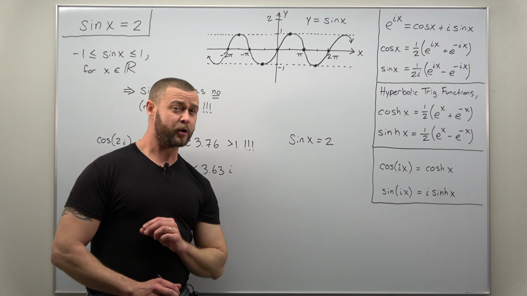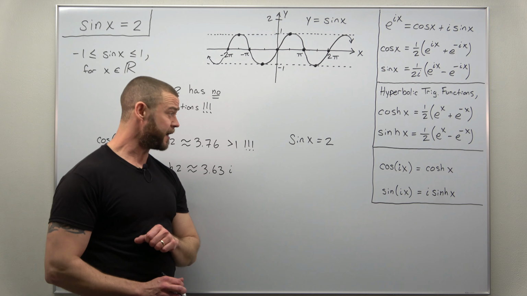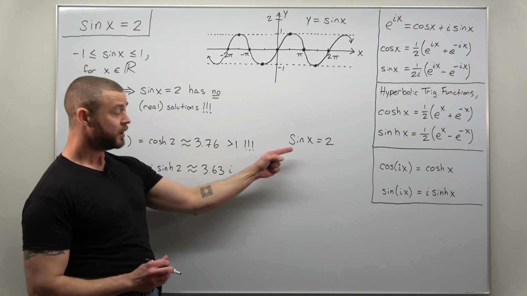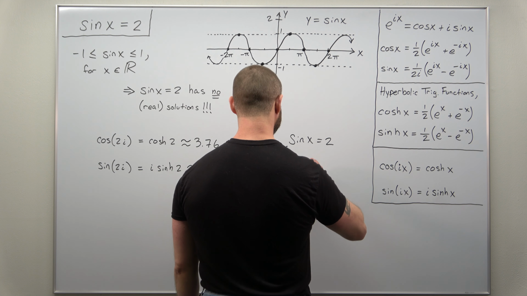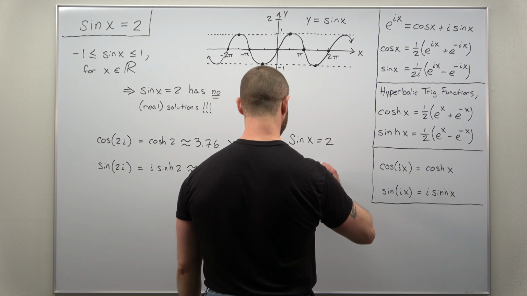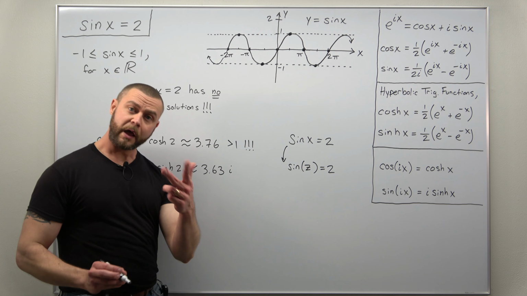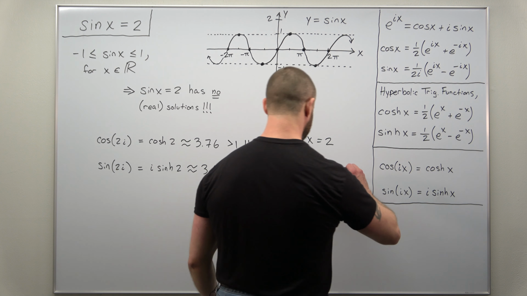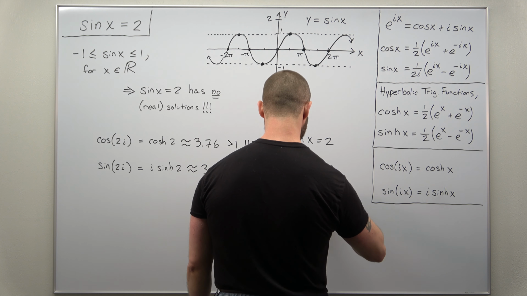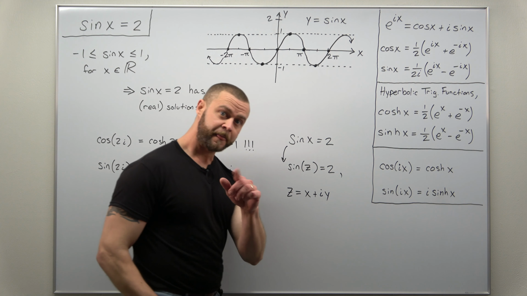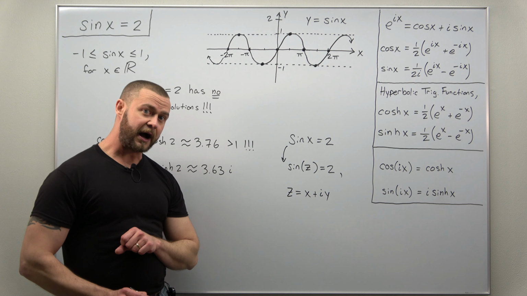You might be familiar or comfortable using z, usually the standard variable for complex numbers. So we're going to rewrite this as sine of z equals 2. And we're going to think of z, a complex number, as having a real part x and imaginary part y.